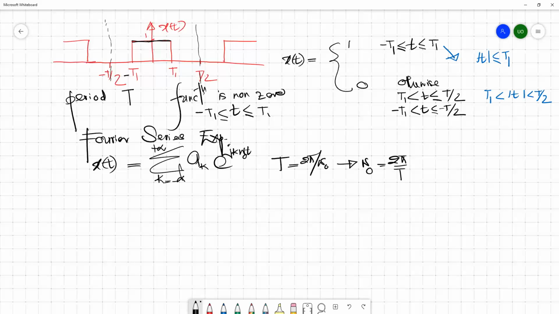So a_k can be derived like this: 1 over T, integration over the period, then x(t) e to the power minus j k omega naught t dt.